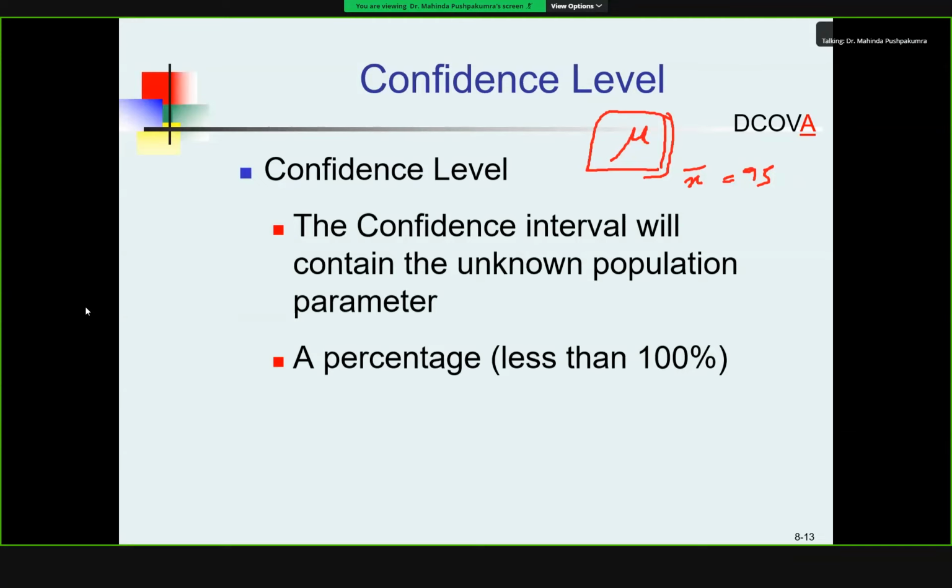But you should be clear about the interpretation, why we use confidence. The main reason is to make a conclusion about population. The confidence level is the confidence that the interval will contain the unknown population parameter. The confidence level is always less than 100. We are not going to say 100%.